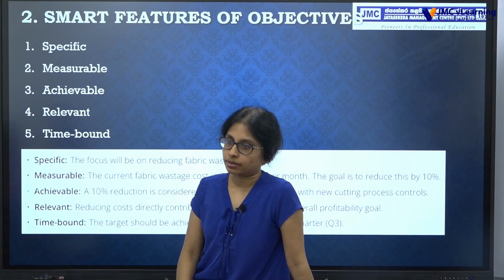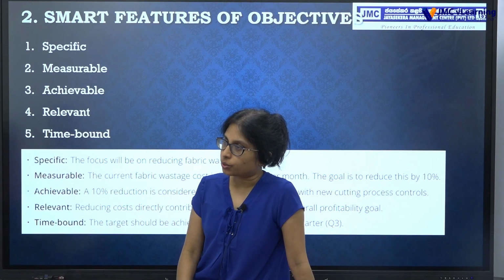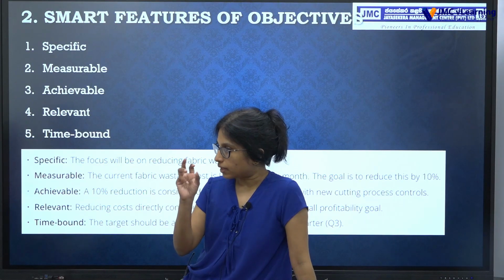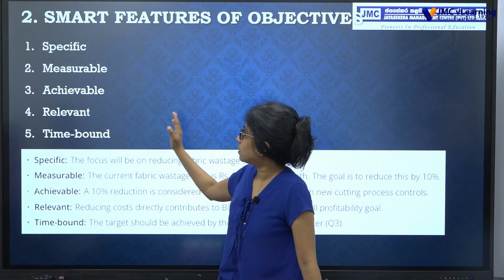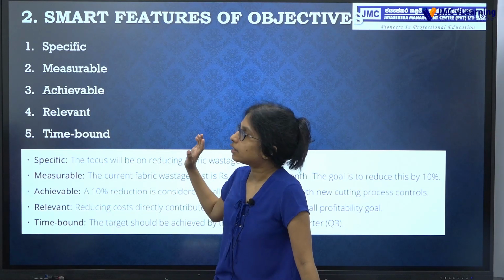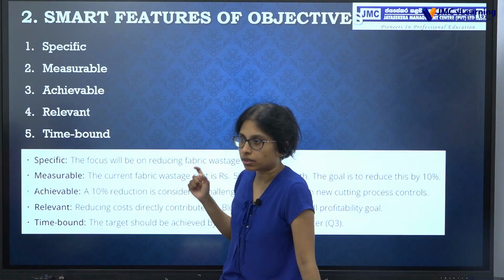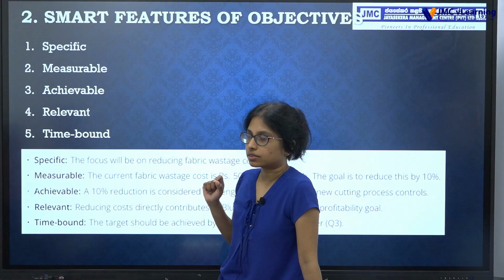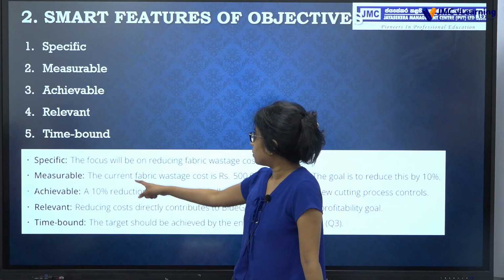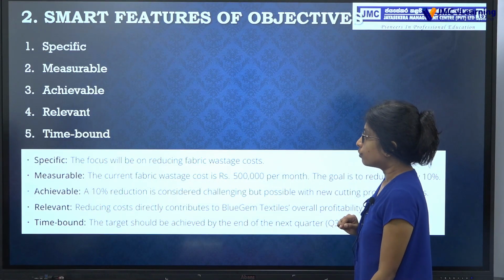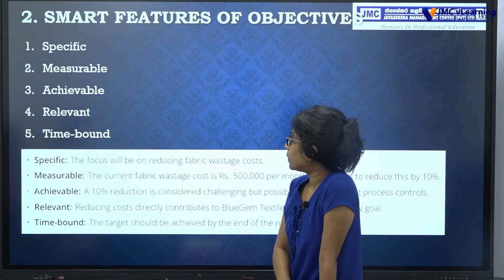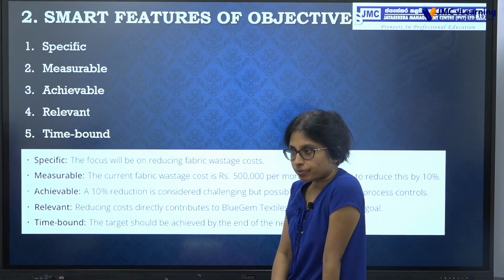So that's a KPI. Okay, so that has to be specific, measurable, achievable, relevant and time bound. You call them SMART characteristics. Specific means, as in the example given, focus will be on reducing fabric wastage costs.